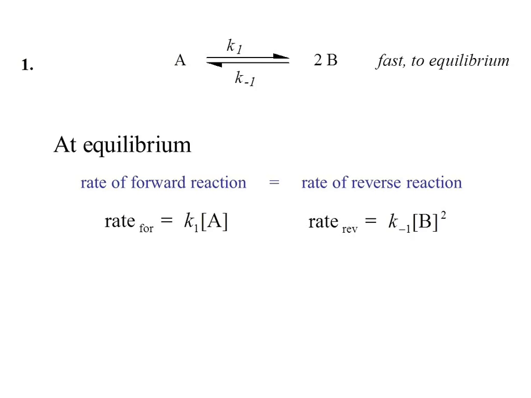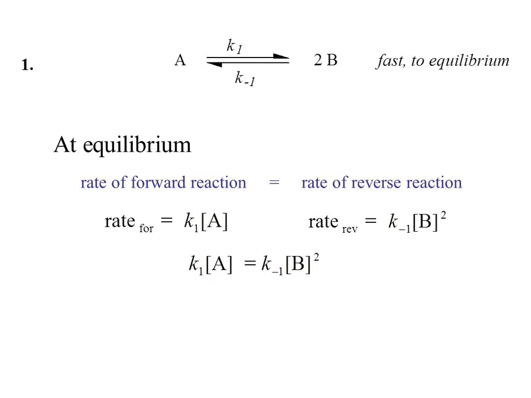If it's at equilibrium, the rate in the forward direction is equal to the rate in the reverse direction. In the forward direction, we use the molecularity of A times K1. Going backwards, we use the molecularity of B, which is 2, times K minus 1. We set those equal to each other, and then we're going to solve for B.